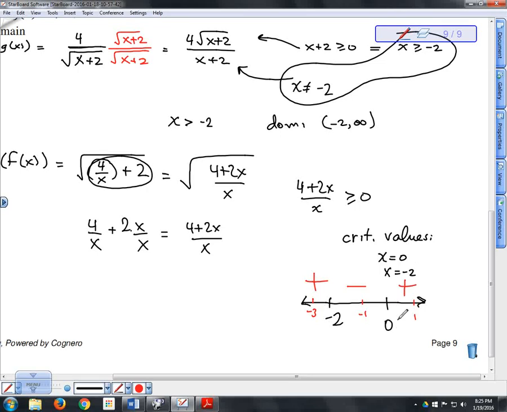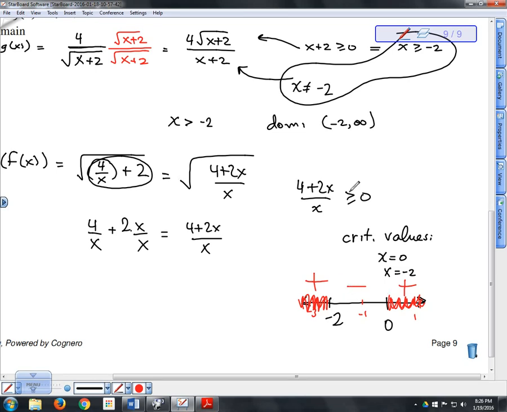Greater than or equal to 0. What numbers are greater than or equal to 0? Well, positive numbers are greater than or equal to 0, so we want all the intervals that are represented by a plus sign. So we've got this interval, we've got this interval. Now, we've got to be careful about whether to include brackets or parentheses.